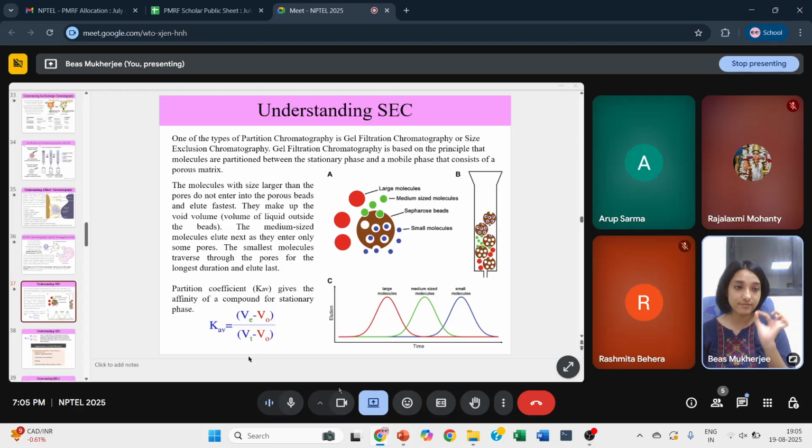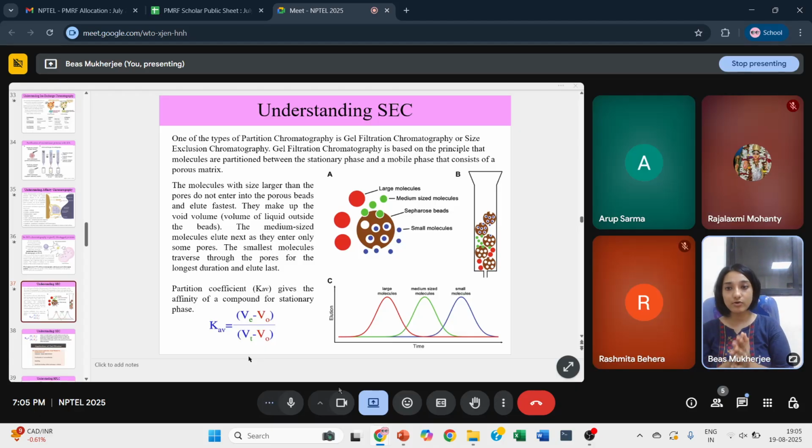The smallest ones are small enough to enter all the pores, so they come out last. So you get large molecules, then medium size, then the smallest. And the partition coefficient gives the affinity of the compound for the stationary phase.